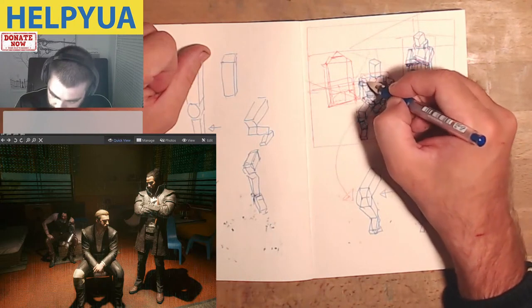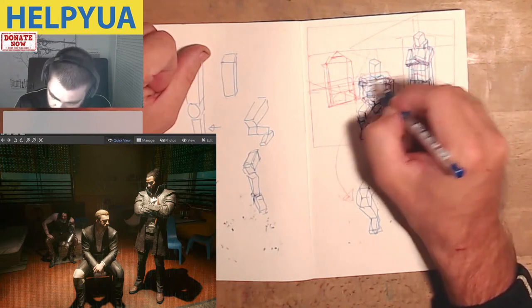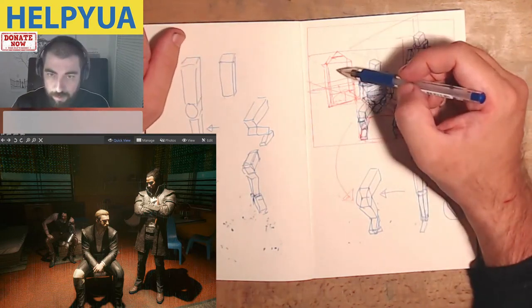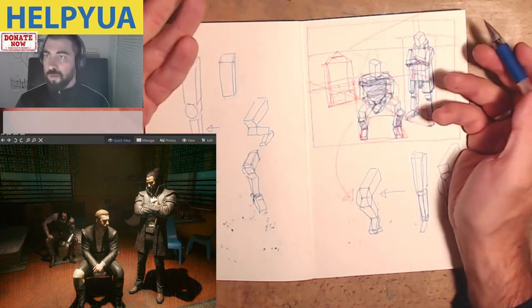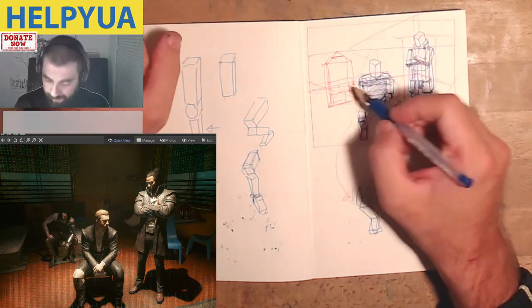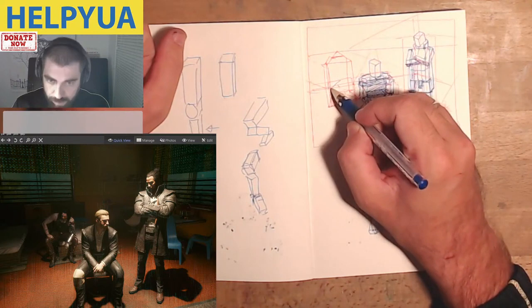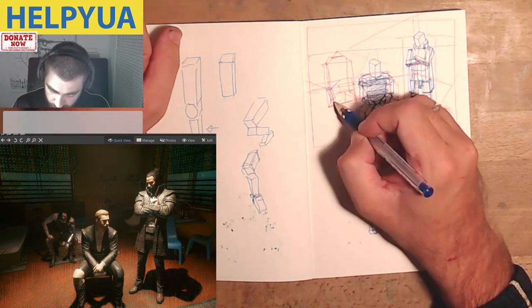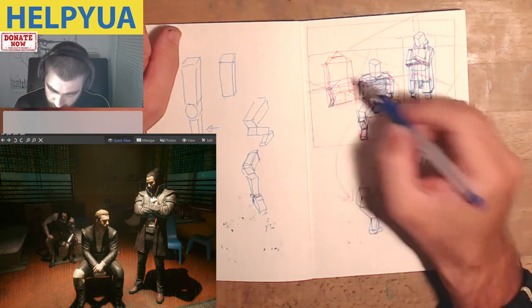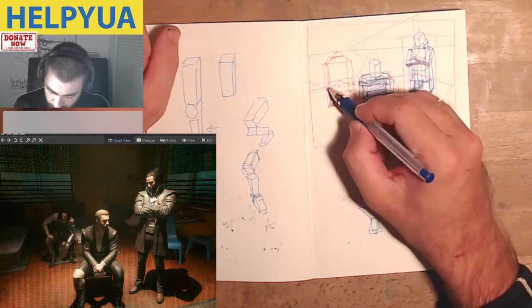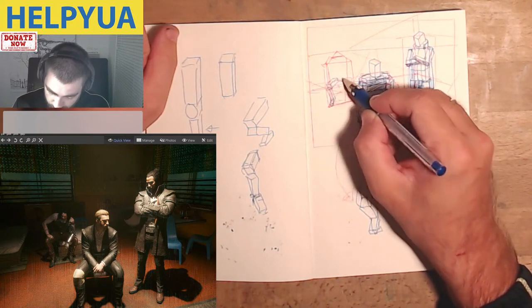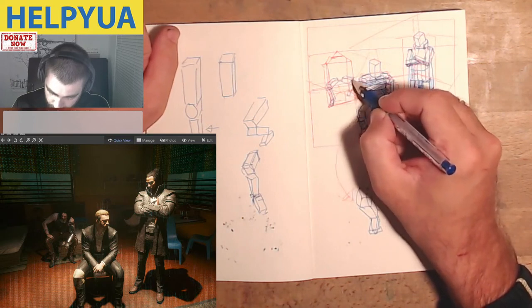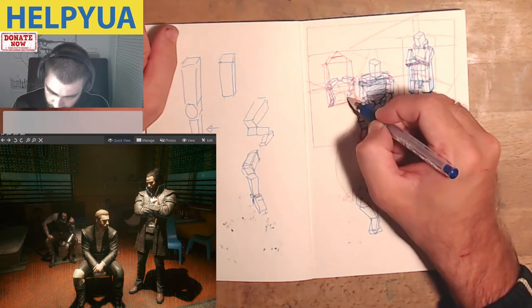So I can just make it a little longer. Okay, and the other hand behind. Same, you can see how his legs are open. It's open here.